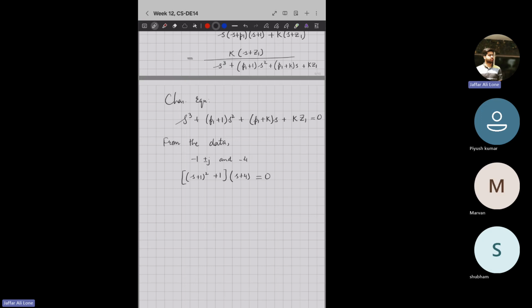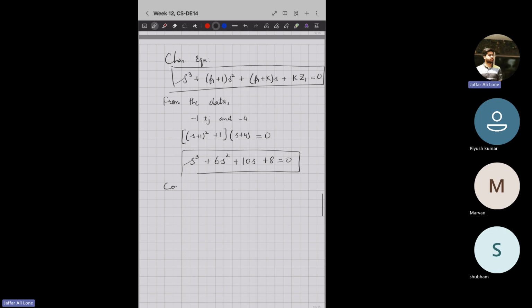I did nothing, you just use these poles. When you solve it, you'll get s cube plus 6s square plus 10s plus 8 equal to 0. Now you have this characteristic equation, and we compare coefficients.